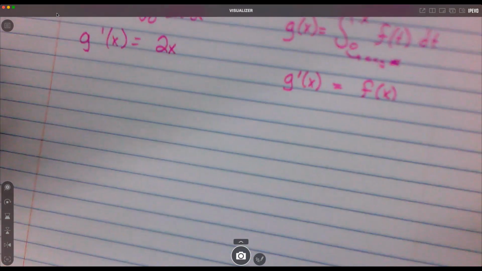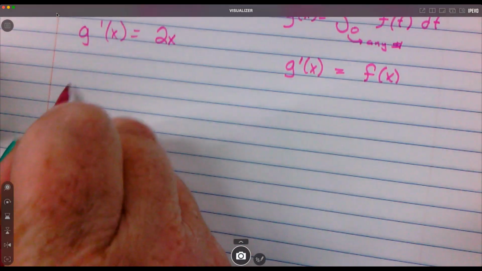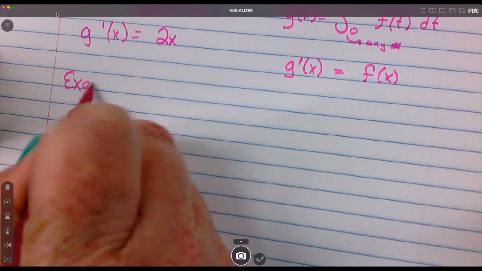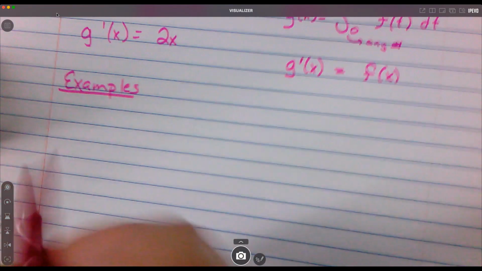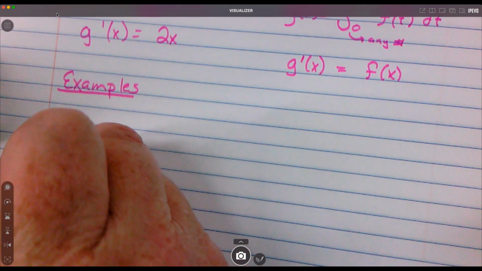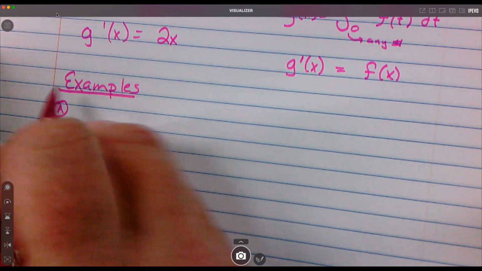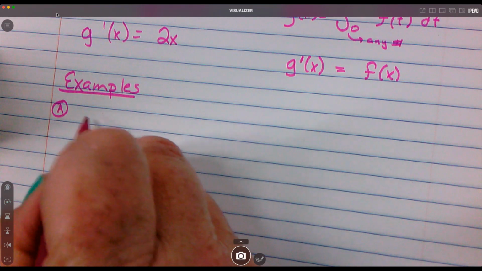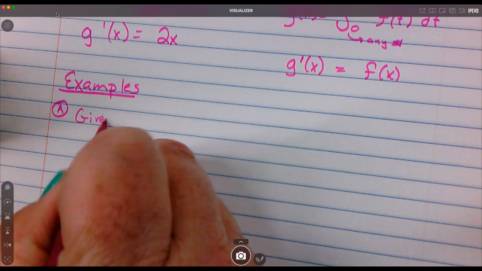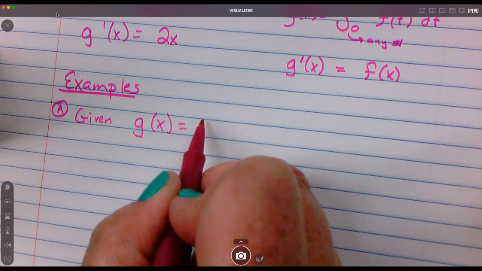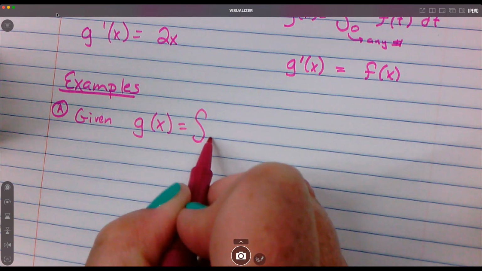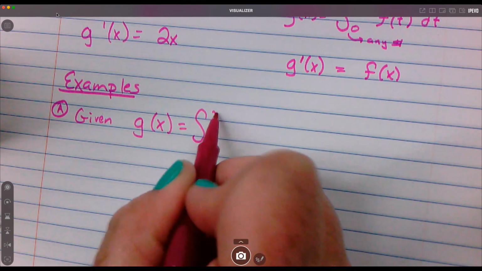So here are some examples. You're going to like this because it's straightforward. And when we raise it up a level, it still stays pretty straightforward. So let's say you're given g of x is an integral defined function from 9 to x.